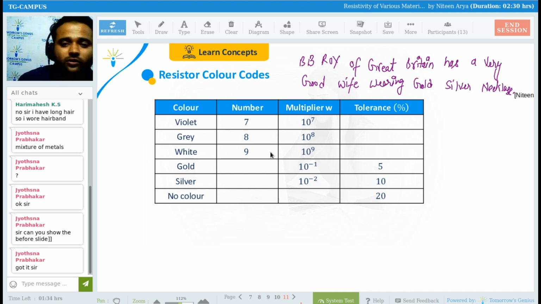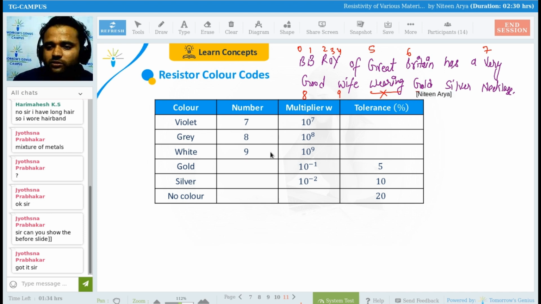Maybe the spelling of this is going to be wrong. But again, it stands for 0, then 1, then 2, then 3, then 4. Skip that. Fifth stands for green, then sixth for blue, seventh for violet, G for gray is 8, W for white is 9, and wearing you skip. Then gold is 5% tolerance, silver is 10% tolerance, and no color is 20% tolerance.